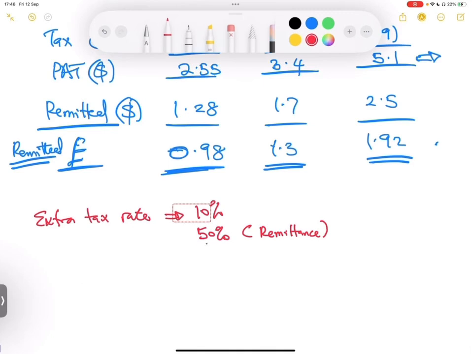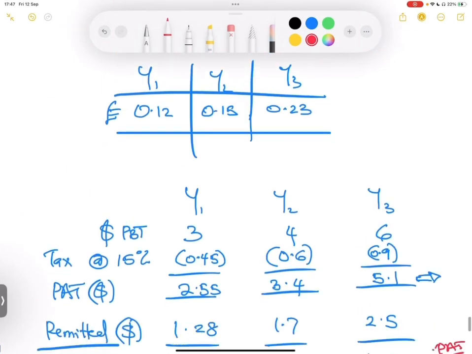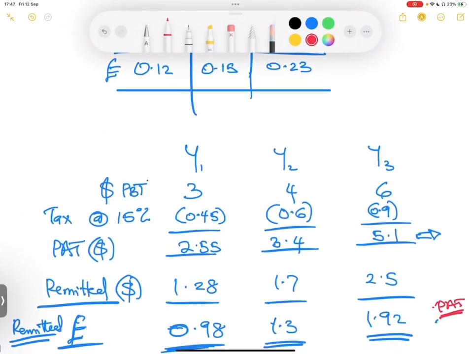So this remittance, because we can't charge tax on profit after tax, actually, please take note. That's what has been remitted to us. However, we need to know that our tax that will be charged will be on profit before tax.